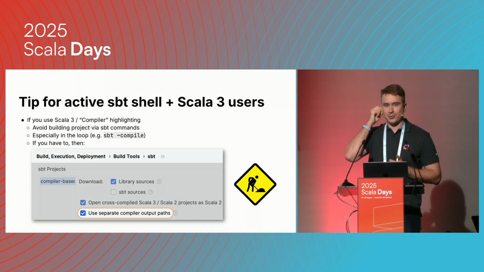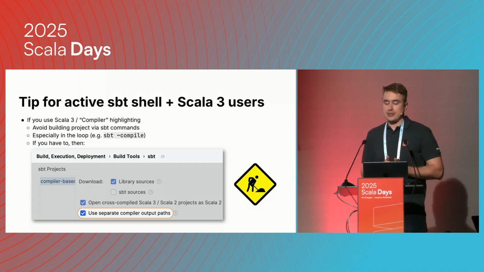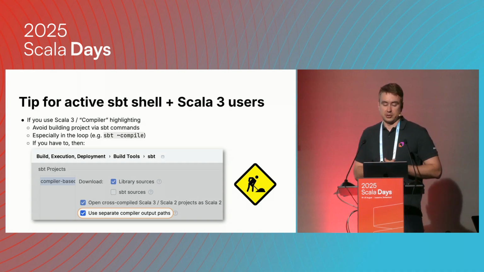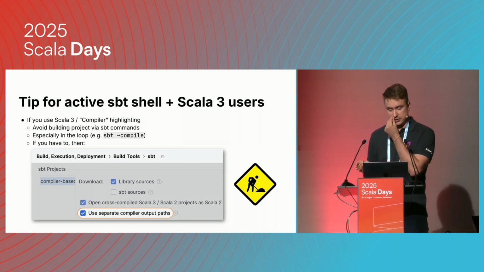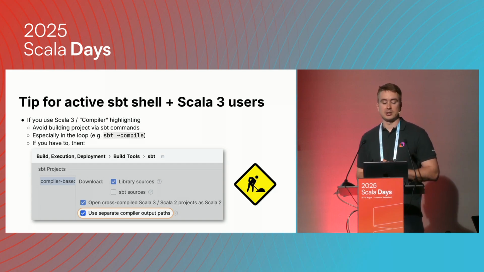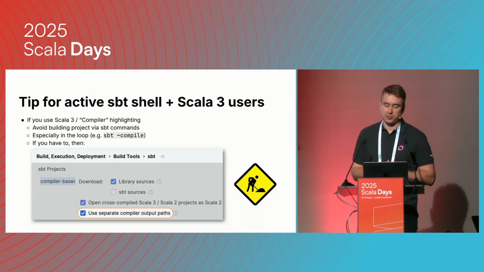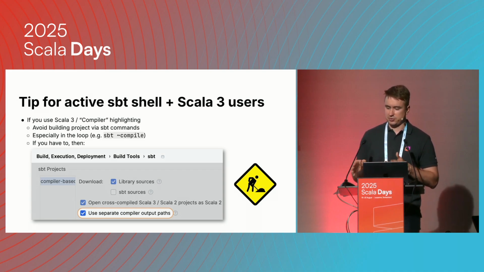Or if you have to use SBT in addition to IDEA, or if you cannot just build using the IDEA means, I would advise you to try enabling this setting, which is currently disabled by default, but it can help you. If it does, please let us know about that as well. So far, we've heard positive feedback from those people who struggled with some issues related to SBT.